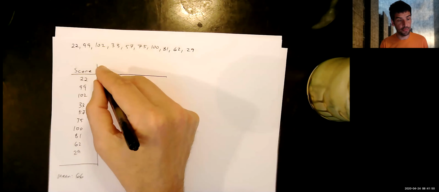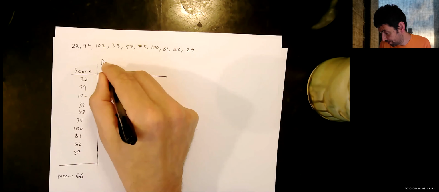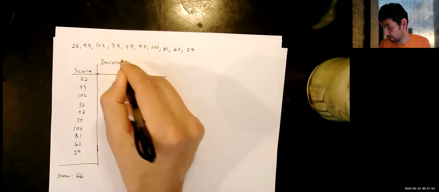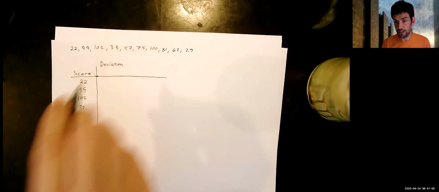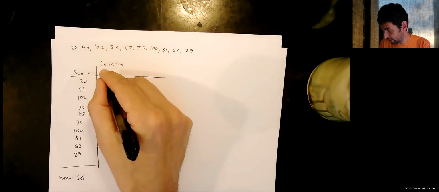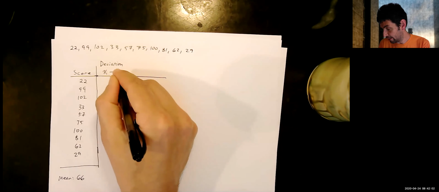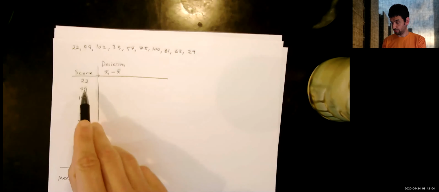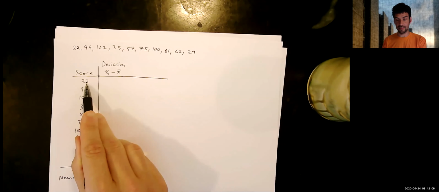Now, in this column, I'm going to compute what we call the deviation, which is each piece of data minus the sample mean. So just each piece of data minus 66.